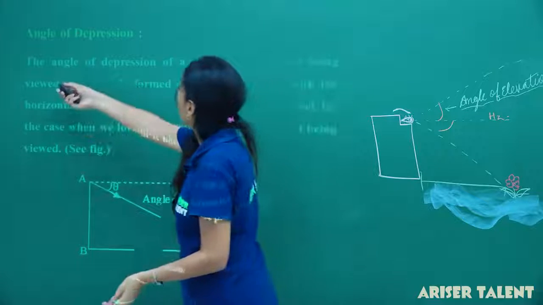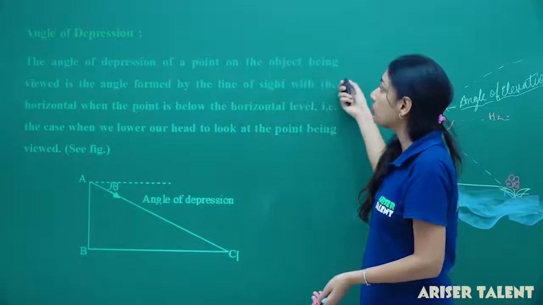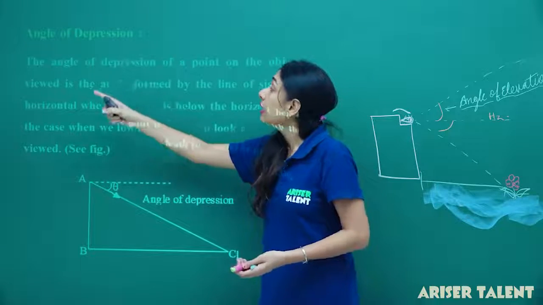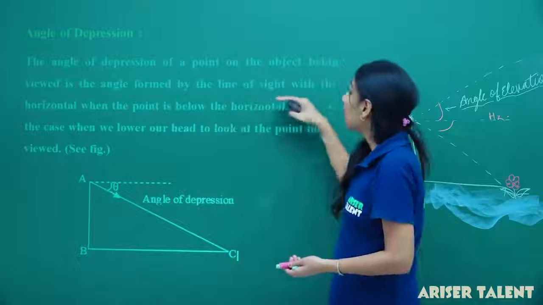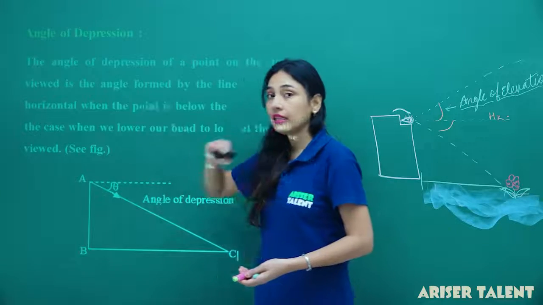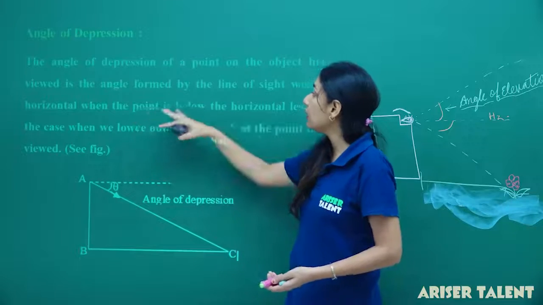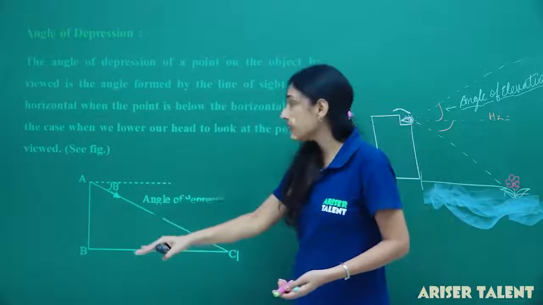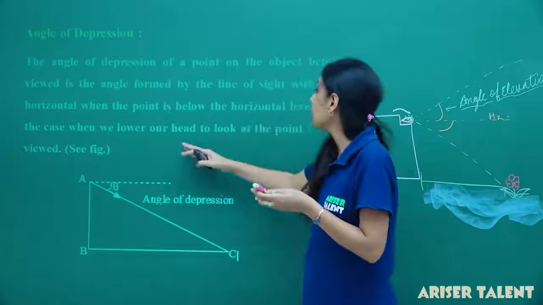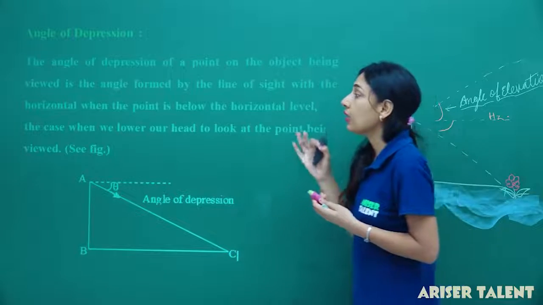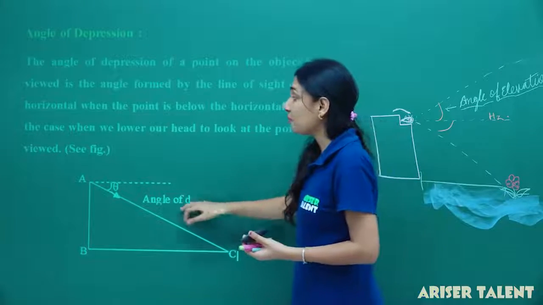Now the angle of depression of the object being viewed is the angle formed by the line of sight with the horizontal line of sight, when the point is below the horizontal level. That is the case when we lower our head to look at the point being viewed. Okay. So, this is the case of angle of depression.